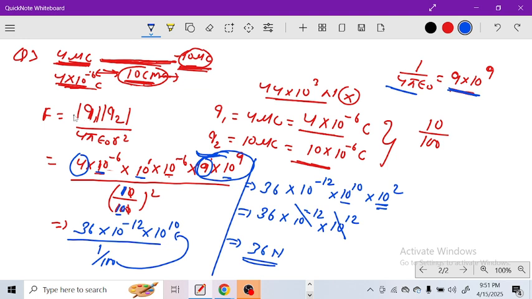So you have to put it into numerator, not denominator. This will make your answer wrong. Yes, understood, sir.